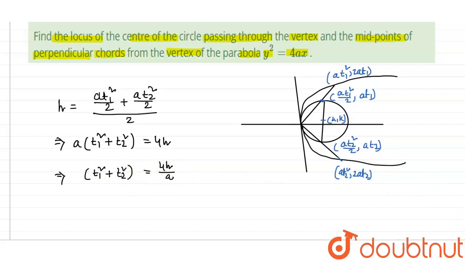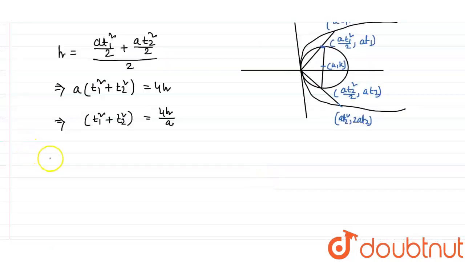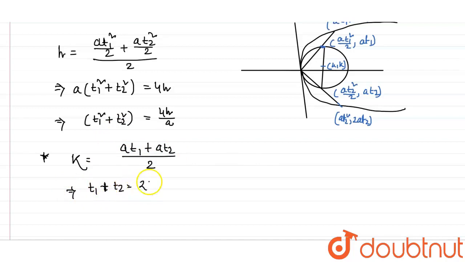Similarly, what is k equal to? Again you can write k equal to (a t1 plus a t2) whole divided by 2. So t1 plus t2 is equal to 2k by a.